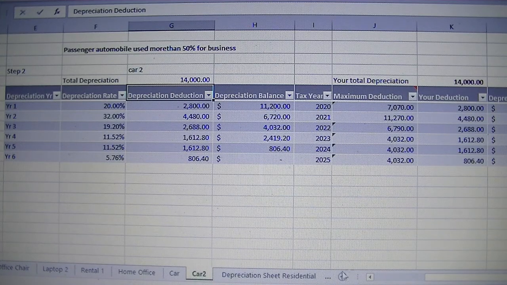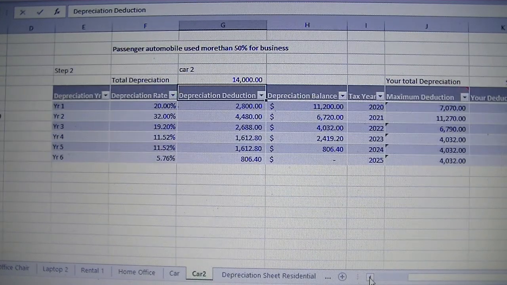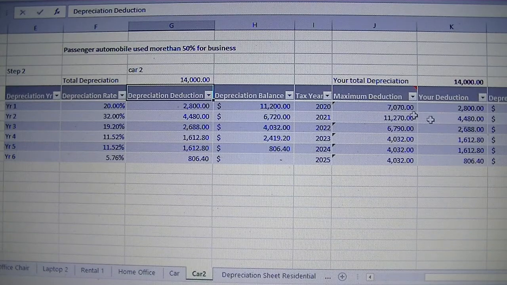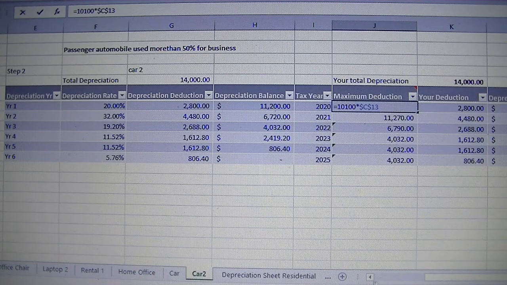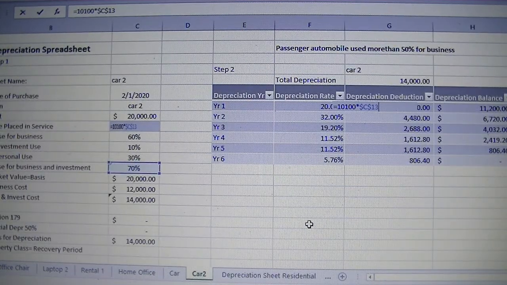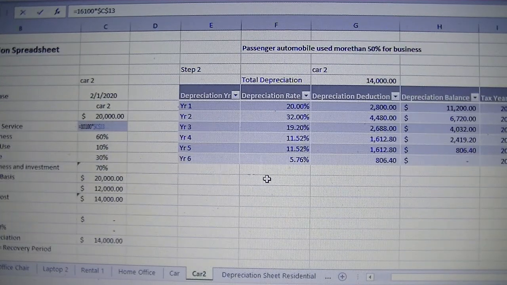Because you are using it 60% for business and 10% for investment, let's go back. So the maximum deduction is that 10,100 that you can claim because you are not claiming special depreciation, times 70% business use and investment use. So that's 7,070.